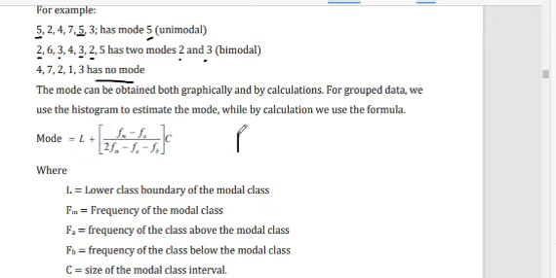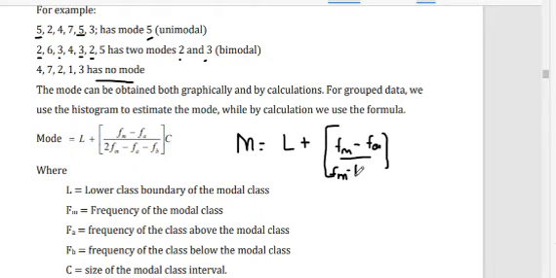The mode is equal to L, where L is the lower class boundary of the modal class, plus FM, the frequency of the modal class, then FA, the frequency above the modal class. Then I'll write this as FM minus FA.